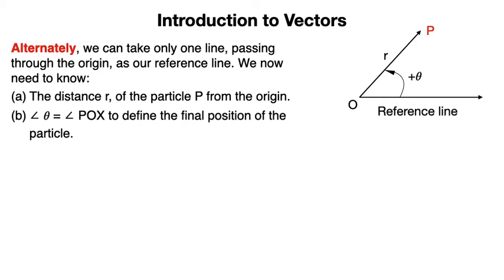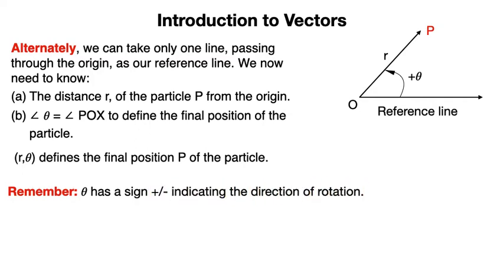So what you have to do is, from the reference line, move through an angle theta, and along this line cover a distance r from O. You will be able to locate the unique position of the point P. So (r, theta) defines the final position of the particle P.